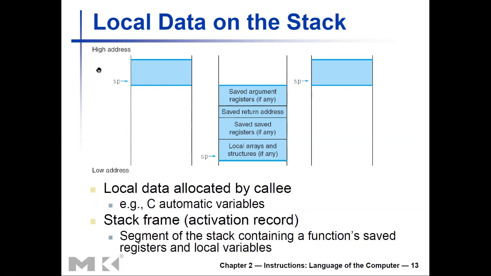Low address is here, high address is here, and we start with the highest address. When we need to save argument registers, if there are any, we use the stack. And if you want to save the return address corresponding to the function, we save that in the stack as well.